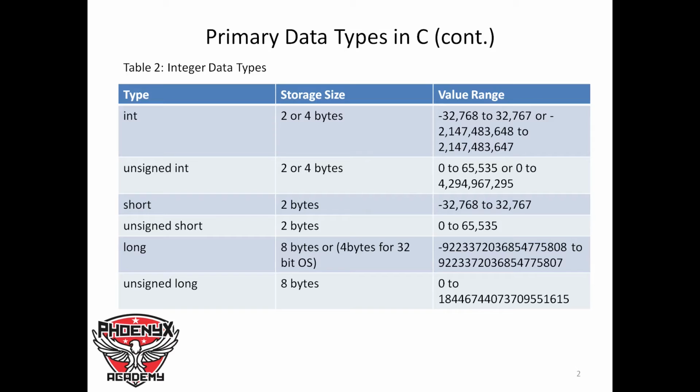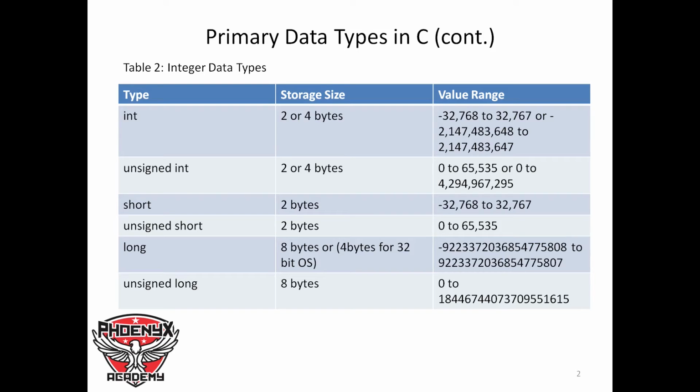Then we have the short, with a storage size of 2 bytes and a value range of -32768 to 32767. Then we have the unsigned short, with a storage size of 2 bytes and a value range of 0 to 65535.